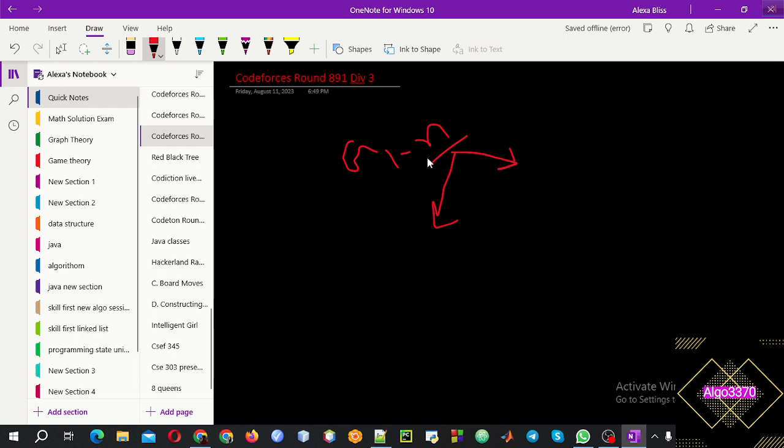Suppose we have an array A of length n, and the first portion of our divided array has length m and the second portion has length x, and we have to create a situation such that m plus x is equal to n.